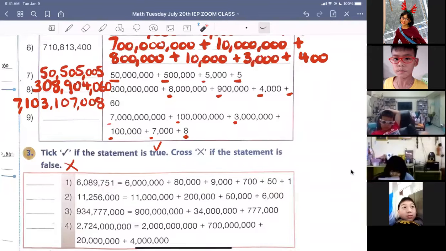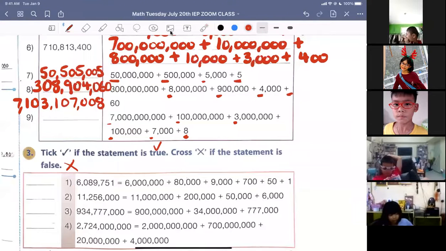6,089,751. Right? So we're going to check this 6 million. Is this 6, right? So this part is correct. The 6 million is the same as 6. So we have no 100,000s. This 8 is the 80,000 right here.